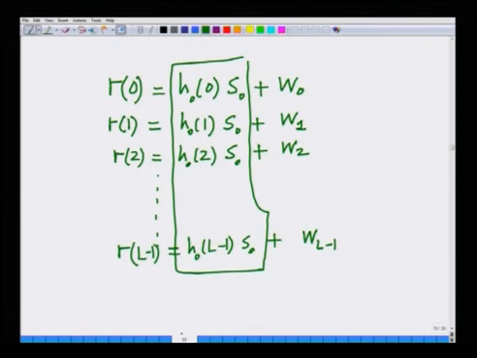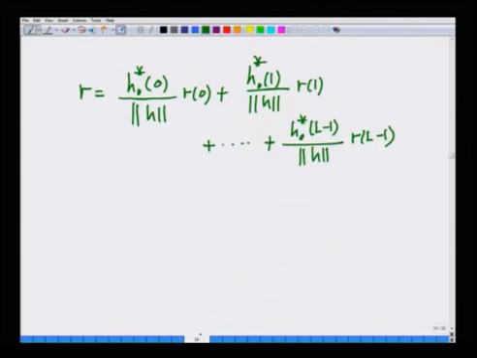Remember, this is similar to rake receiver. The signal is h 0 0 into s 0, so I am multiplying this by h 0 conjugate divided by norm h. This one is h 0 1 into s 0, so I am multiplying this by h 0 1 conjugate divided by norm of h, multiplying by conjugates, adding them up across all branches of the rake receiver, and this is nothing but coherent combining across the branches.